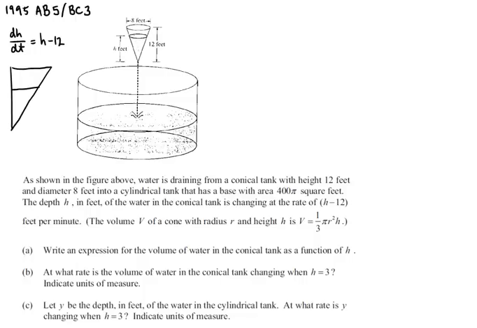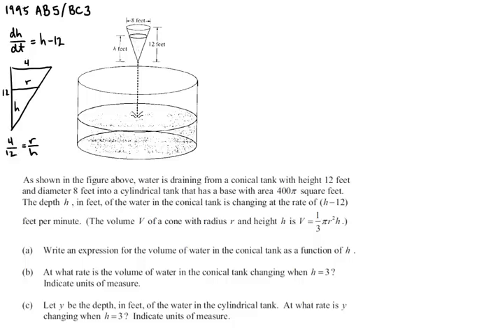And if we use the system of similar triangles here, showing half of a cross section of the conical tank, since the diameter is 8, the radius would be 4, and the height would be 12. For the smaller triangle, that would be r and h as its height. So we can use that to say that 4 is to 12 as r is to h.